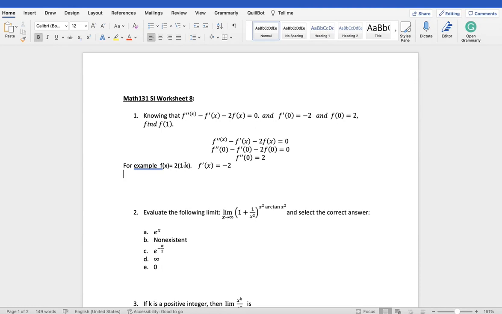You keep coming up with functions, but maybe it works for f of 0 and f prime of 0, but it doesn't work for the second derivative, right?